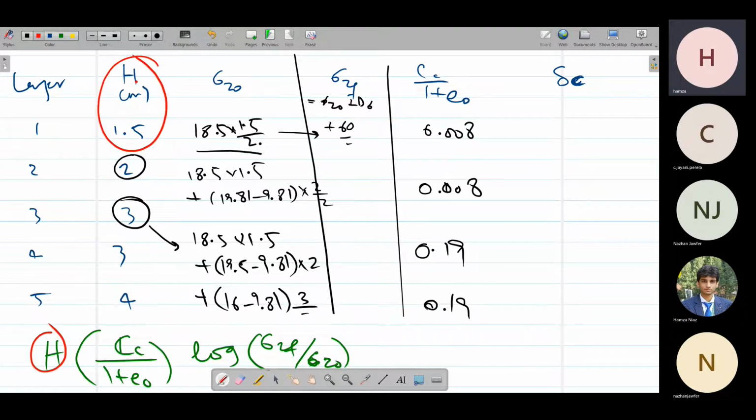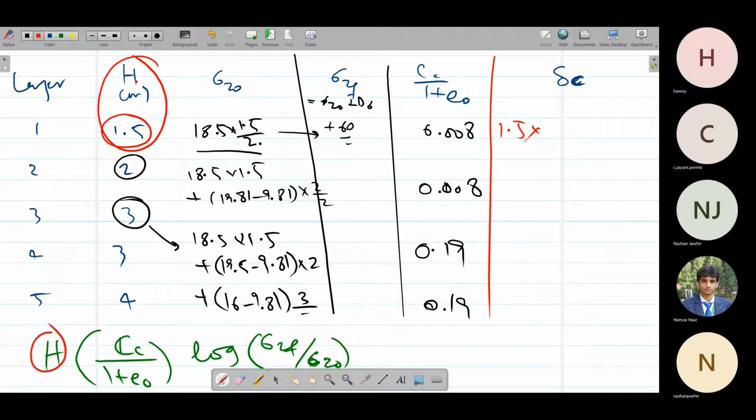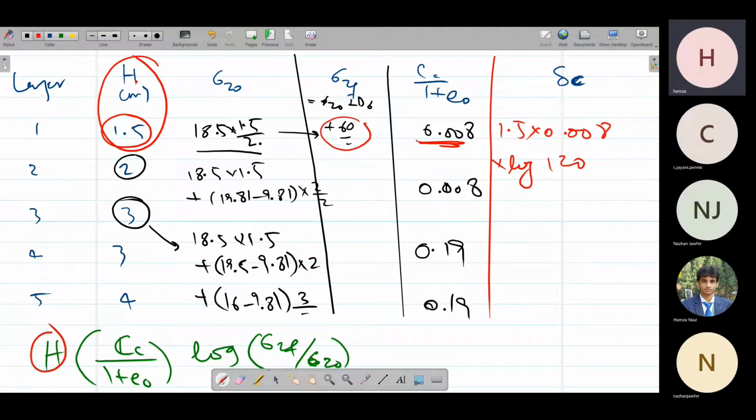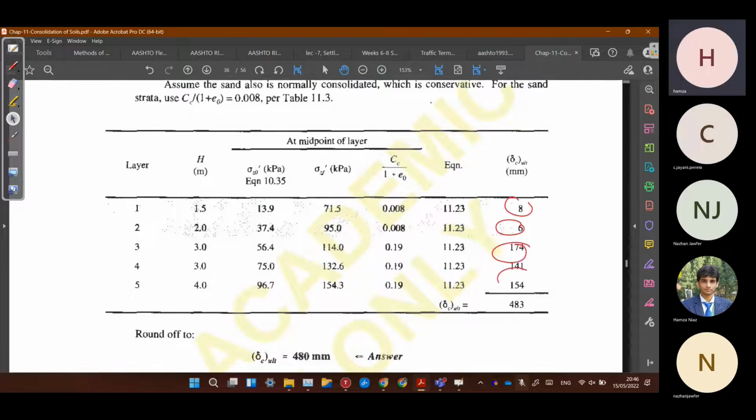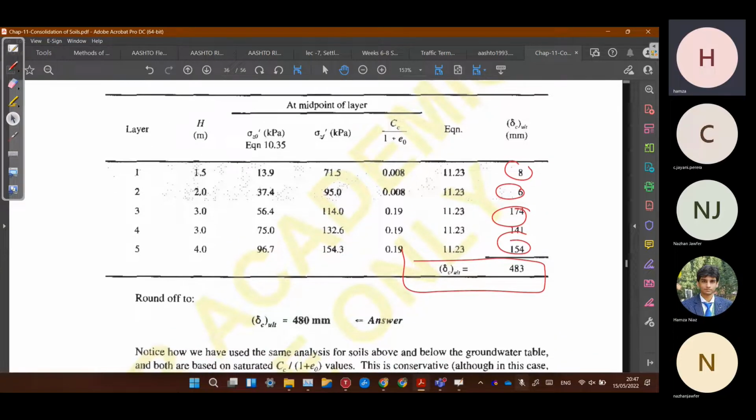So for the first layer, the consolidation would be 1.5 times Cc over 1 plus e naught, which we have calculated as 0.008, times log of sigma zf, which we can assume as 120 something, over sigma z naught as 60. If we simply multiply them, we'll get the settlement in that layer. Do this for all layers, add the settlements, and we'll get the total settlement. This is how we can get the consolidation settlement.